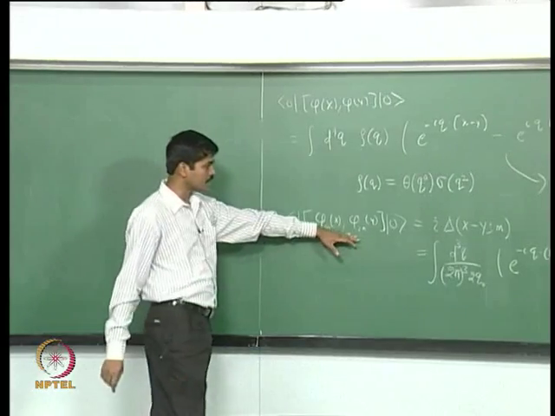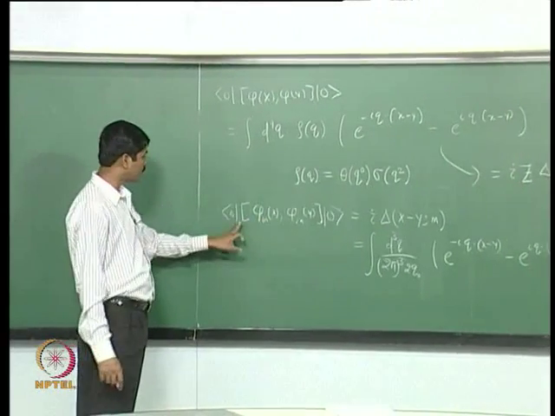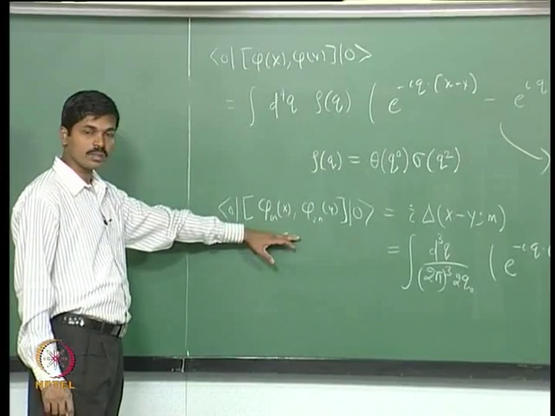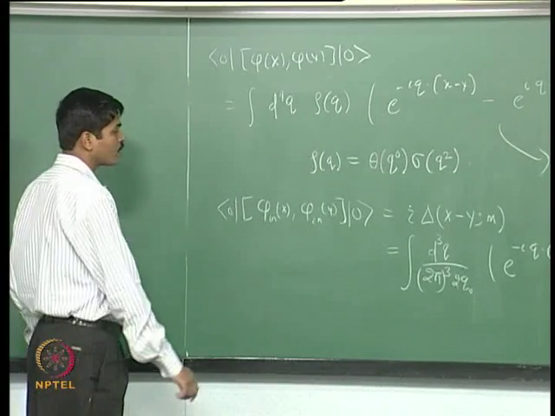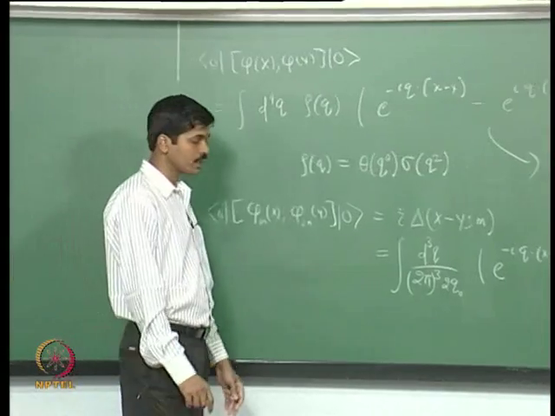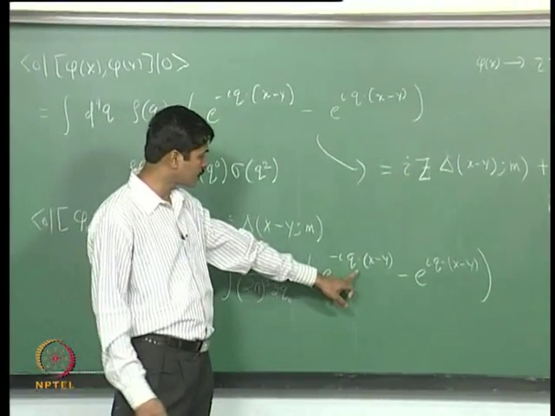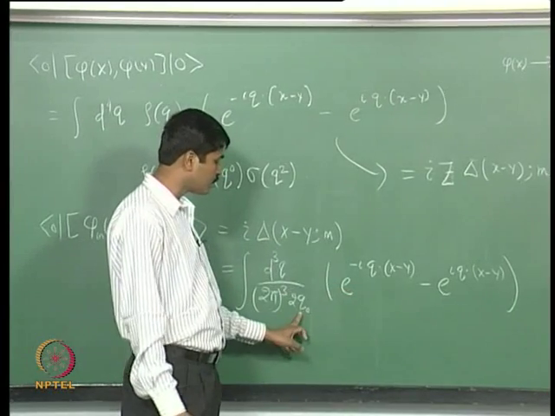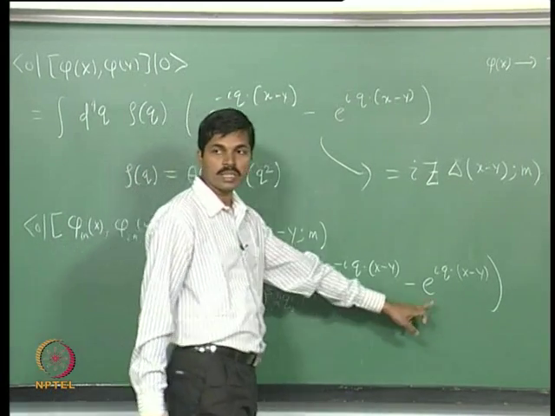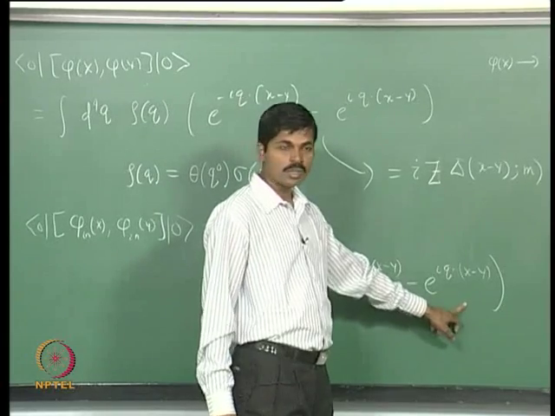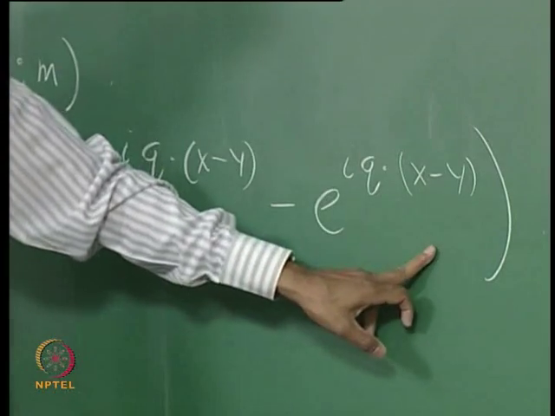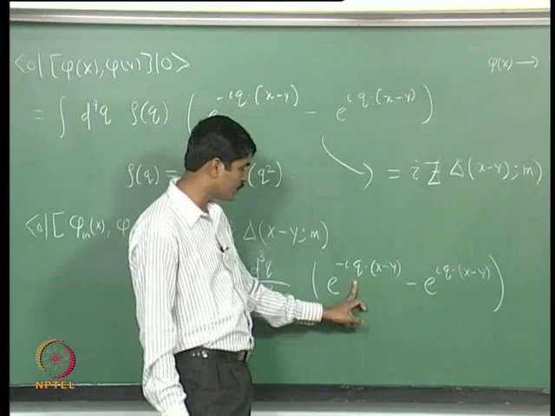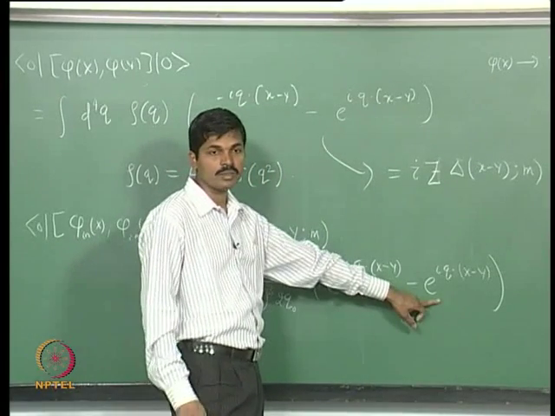Now, you look at this here, you can see that if you differentiate this with respect to time, and then set t equal to 0, you will see that this q0 factor here will cancel in both these terms. Then this will become a 3-dimensional integration.